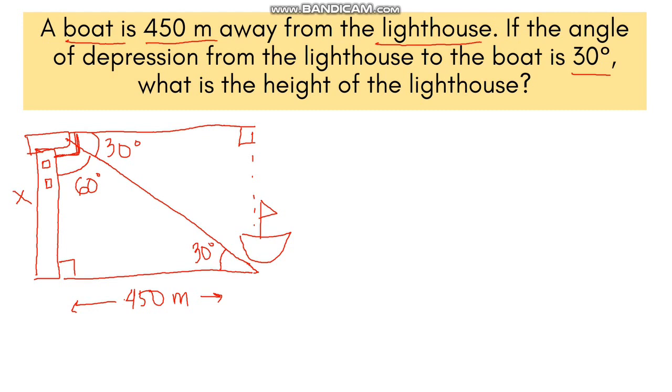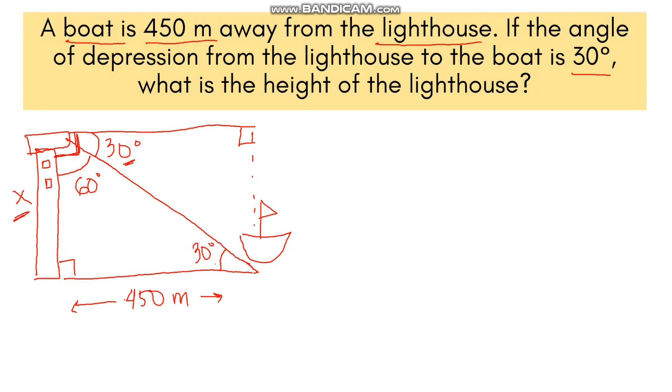With that, we can already get the missing side, which is x. Because we cannot solve for x if we are just using this angle right here, this 30 degrees, because this side belongs to the other triangle. So you have to identify the angles inside the second triangle here. So it's either you use 60 degrees or the 30 degrees, it's up to you.